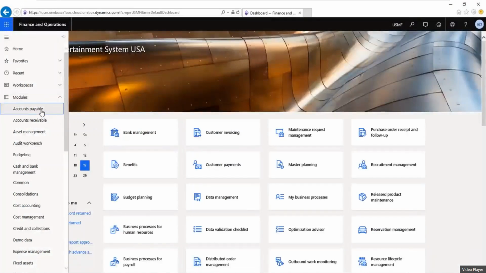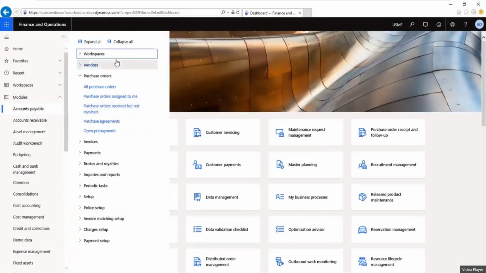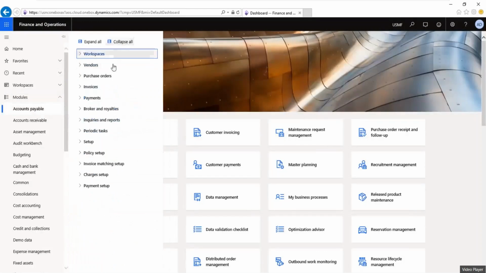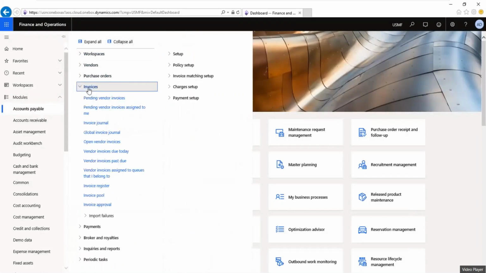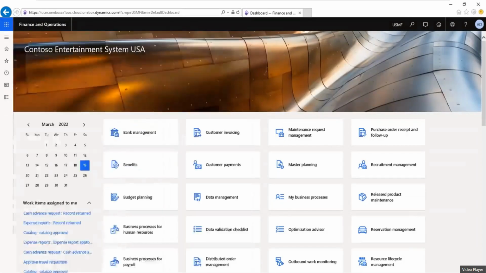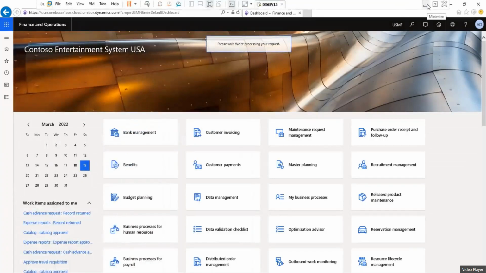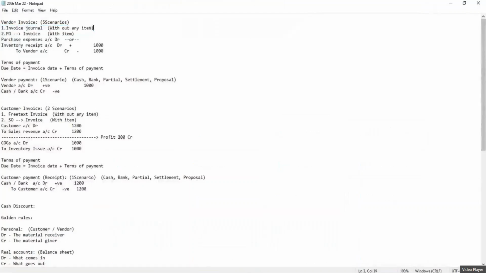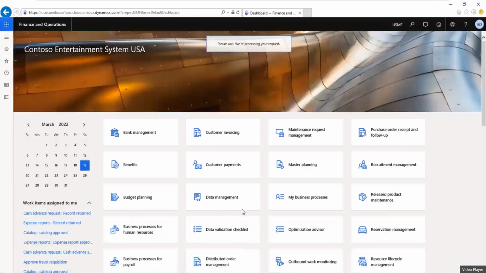Accounts payable, collapse all, invoices, invoice journal. Without item means you are purchasing an item, but you are not selecting that item in the drop down in the transaction. So suppose you are purchasing water bottles.